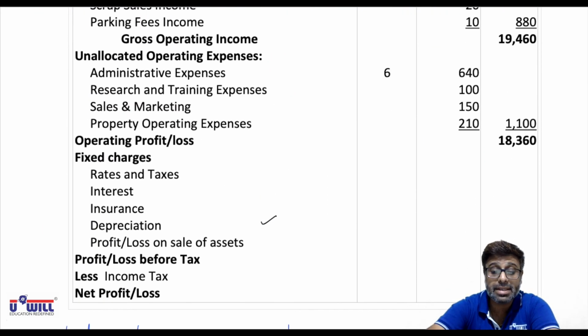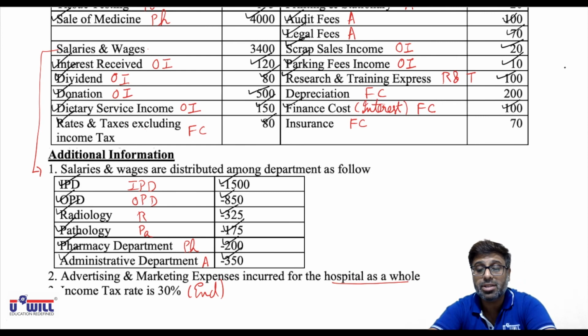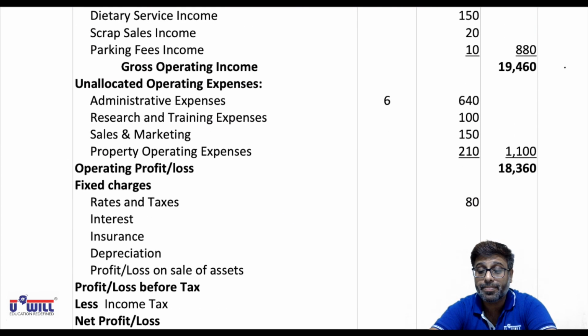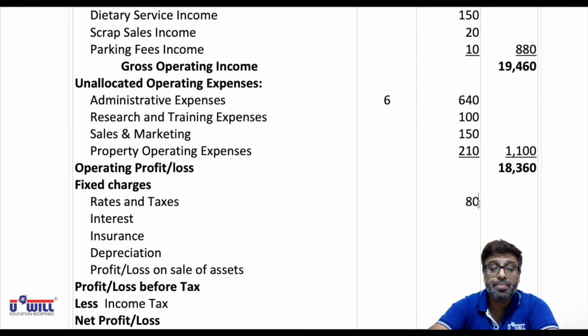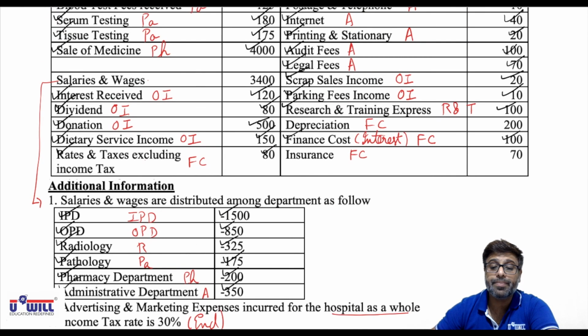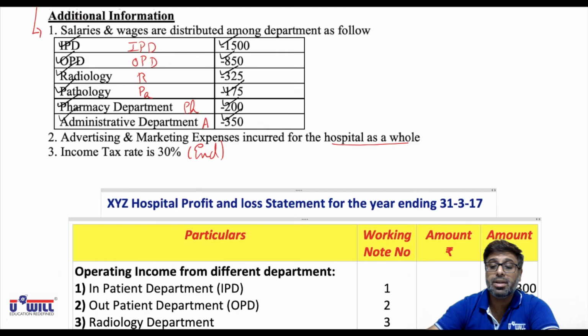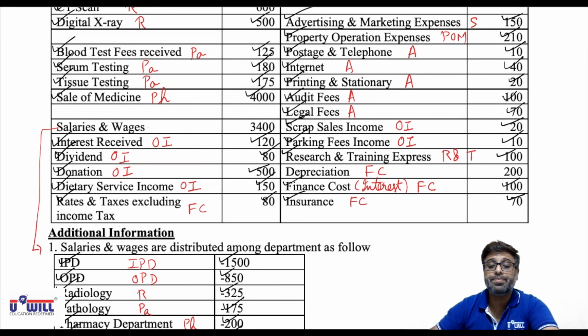Then after rates and taxes, interest. Interest means the finance cost, what we get is 100. Then insurance. Insurance, what we get is 70. Then after insurance, depreciation, what we get is 200.